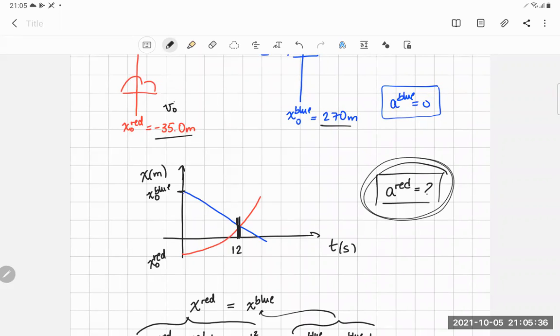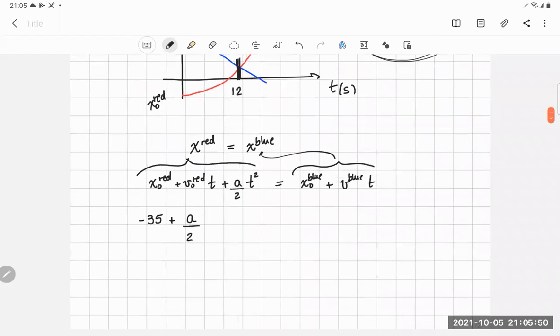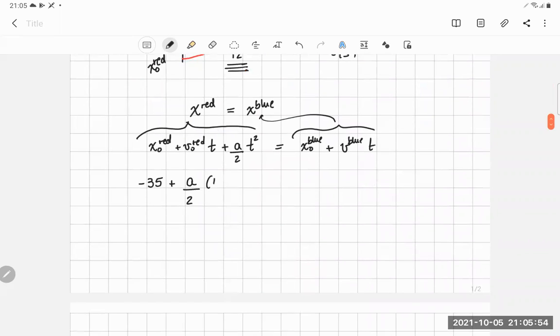So the initial velocity for the red is 0. Okay, so I don't need to write anything. What is the acceleration? Well, that we don't know. That's what we are trying to find. Divided by 2. At which time do they meet? That's the information that we got from the graph, at 12 seconds. So I'm going to put here 12 squared, okay?